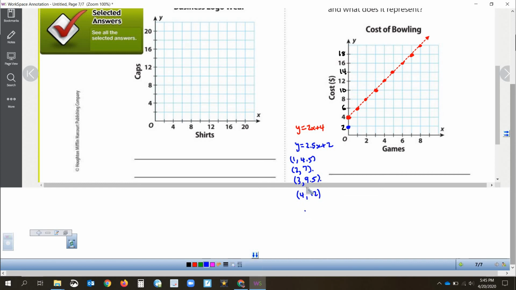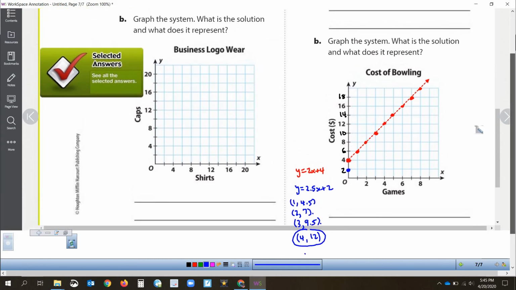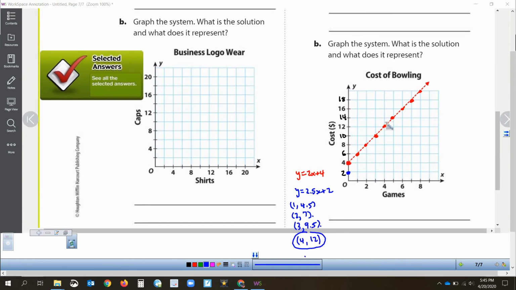Do you know why I was looking for that one? Because that number 12 is actually on the grid. So when you're plotting these, you don't actually have to plot every point. And a lot of times students make all kinds of crooked little lines. So 4 games is going to cost me $12. All right.